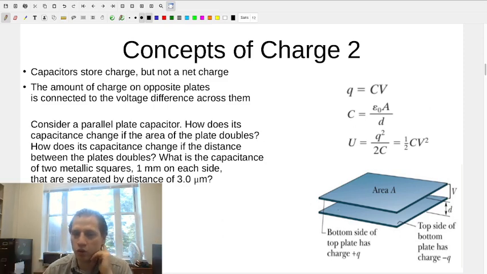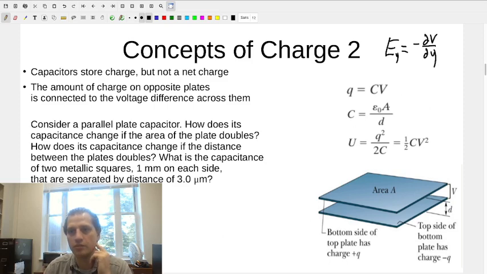and then you can find the voltage by integrating over the electric field, because the electric field in the y direction, for instance, would be related to the derivative of the potential.